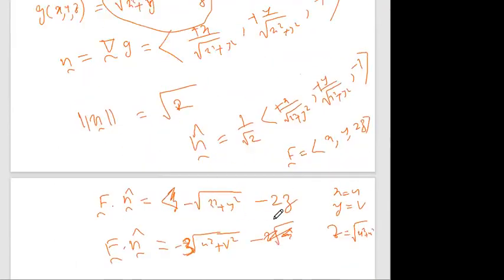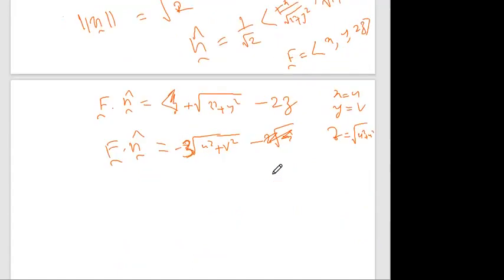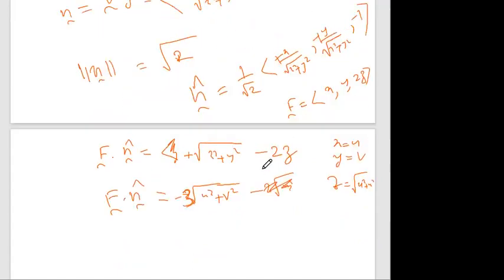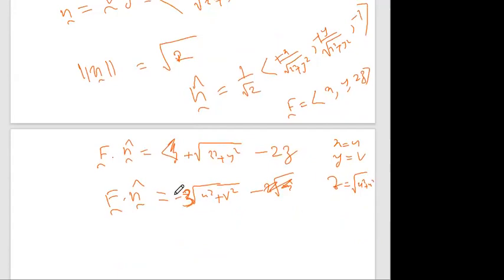So this is just... let me check. F is this times this, right? Then x times x squared, then this is positive, and this is negative, and then this is... what happened? And this is negative, right?